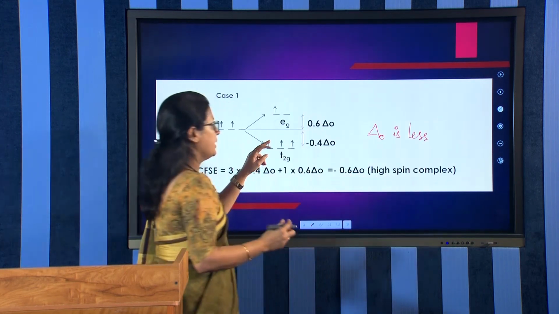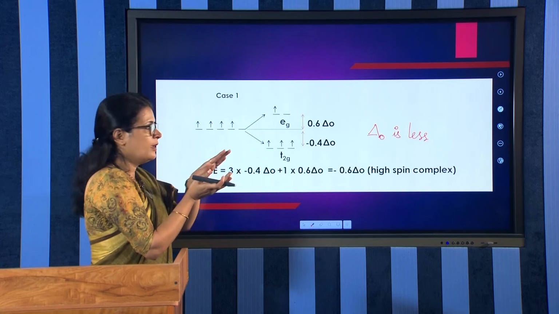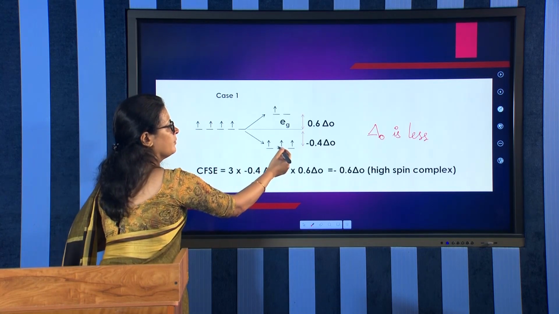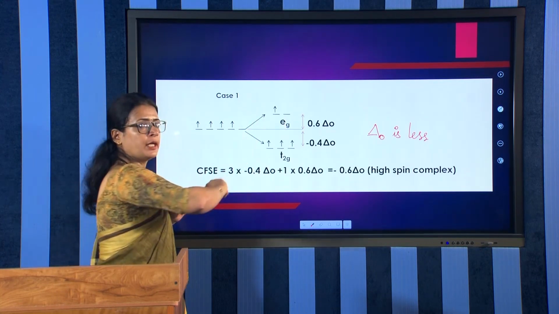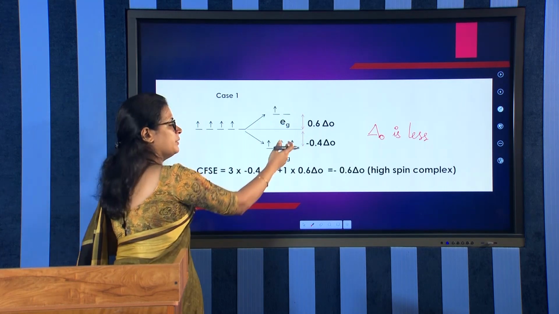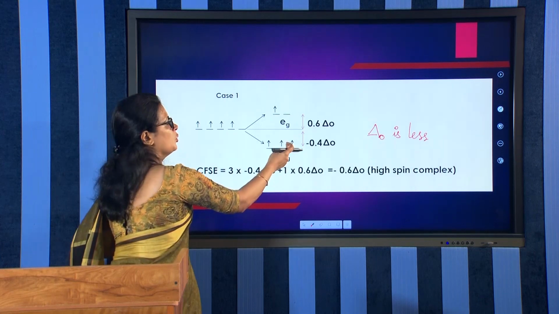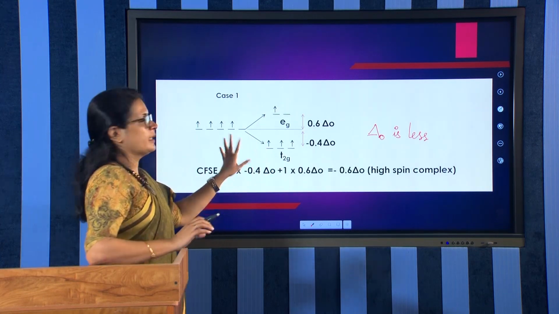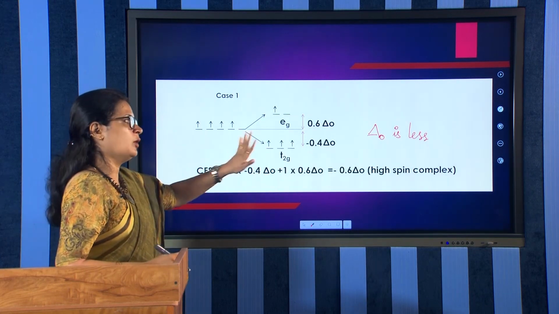Delta O is less means what? The splitting is less, which means that the 4th electron can easily go there, because the splitting is less. Since splitting is less, it will be very easy for the 4th one to go there. So, this is that case 1 where delta O is less.